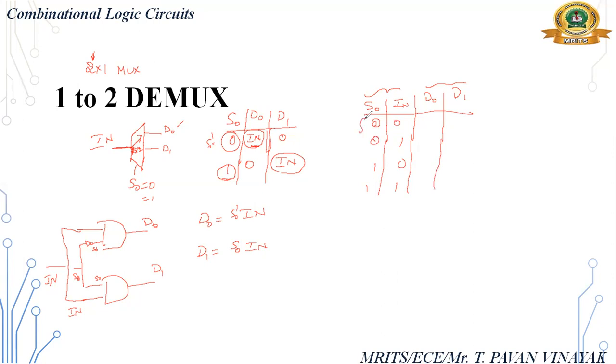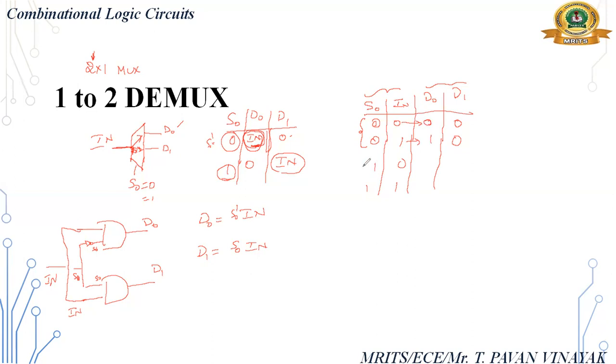When S0 is 0, D1 will be 0, right? D0 will be IN. Whatever IN is available right here. IN is 0, IN is 1.